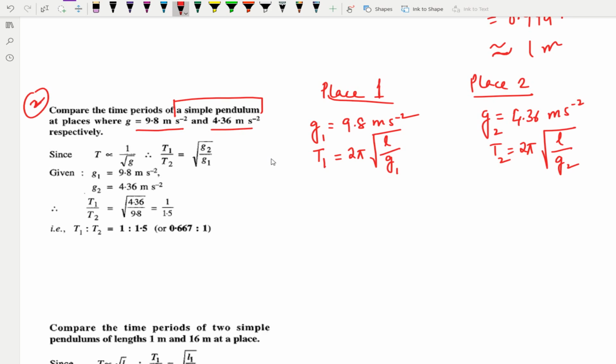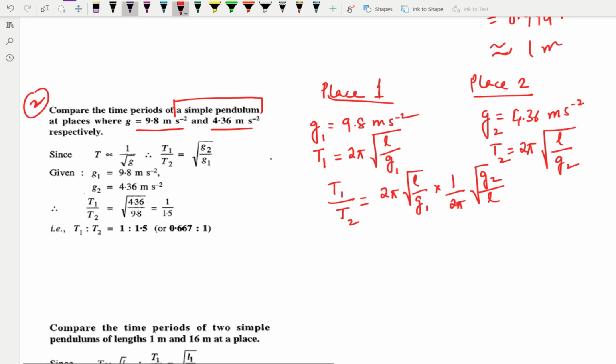Now we divide T1 by T2, since we are asked to find the ratio, compare means finding the ratio. We get 2 pi root over L by G1, and when we divide, it gets reversed, so it becomes 2 pi root over G2 by L.